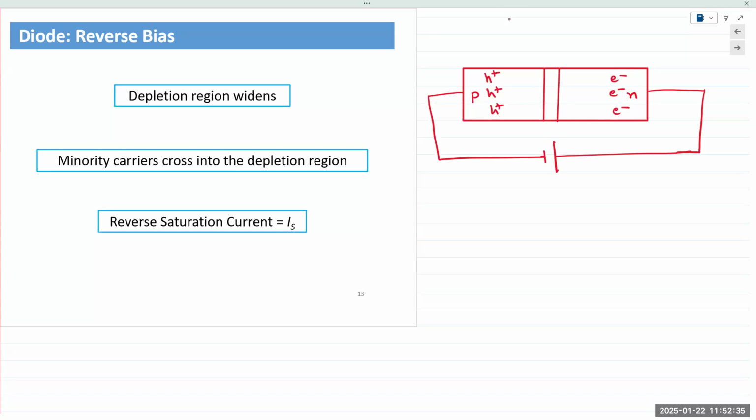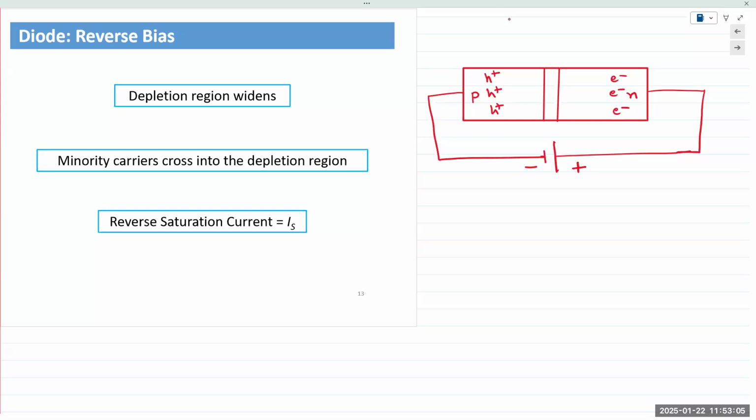Just one explanation. Here I'm using the words apply negative to the p-type and apply positive to the n-type. The larger explanation would be we are simply taking the n-type material and elevating it at a higher potential level than the p-type material.